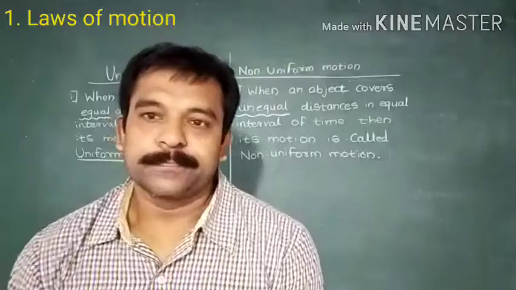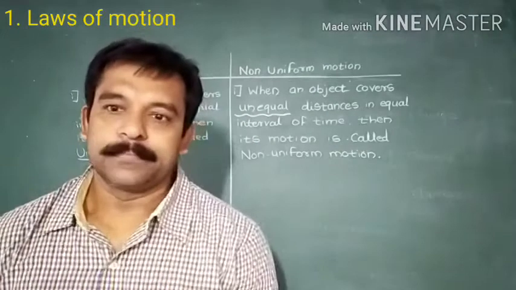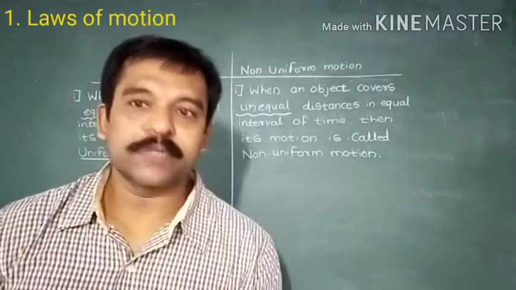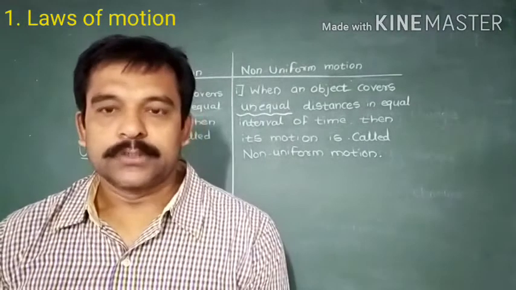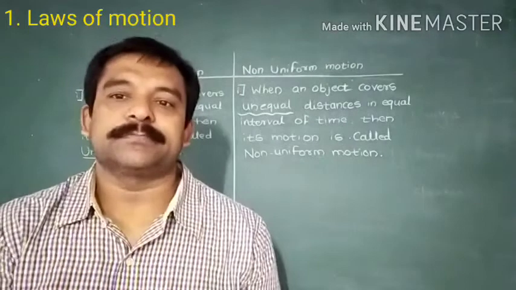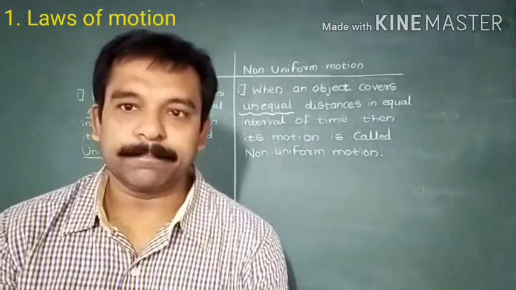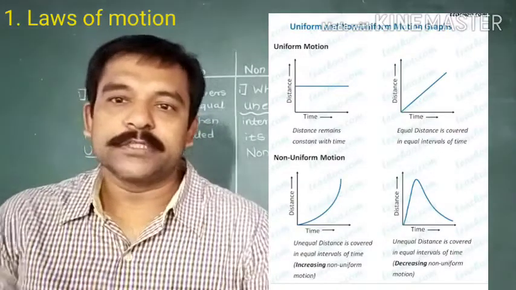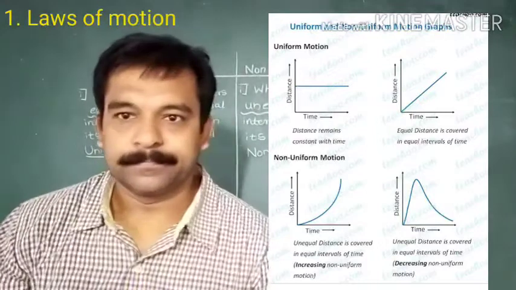Next, the second point: the graph of uniform motion and non-uniform motion when we are drawing. So you can see a graph is like this, time against distance or distance against time. In such a situation, a graph of uniform motion is always a straight line.